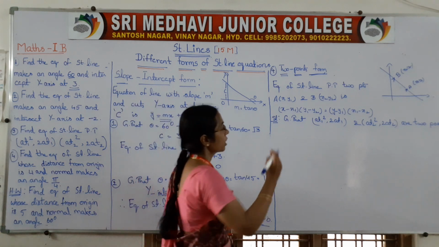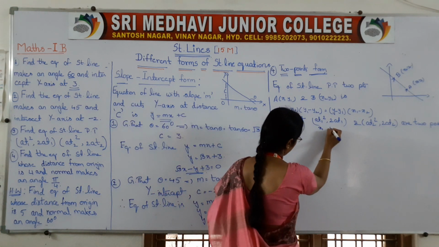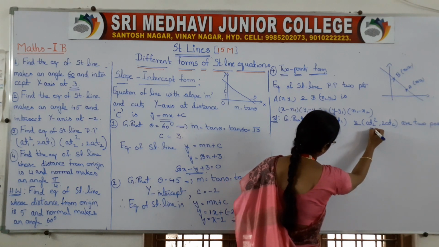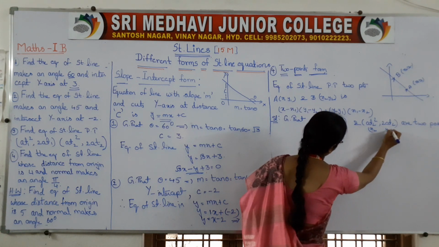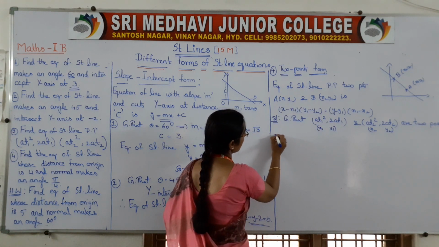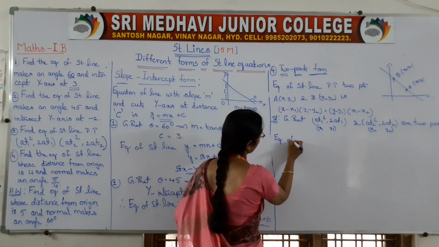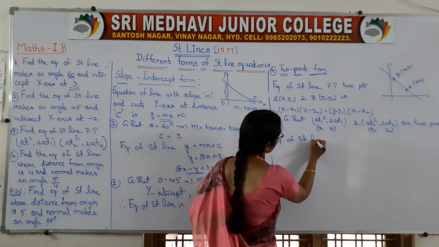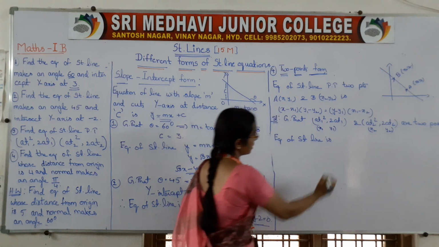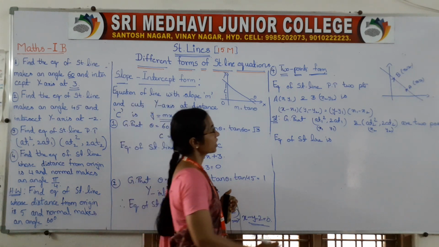So you consider this as x1, y1, this as x2, y2. So the equation of straight line is, what is the equation of straight line?